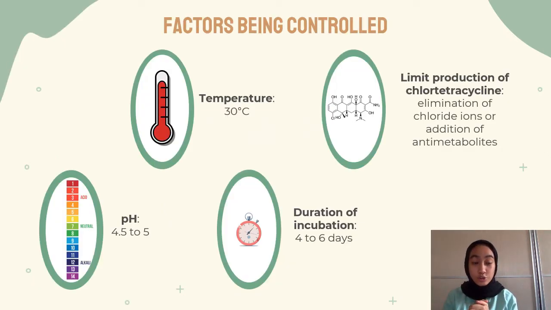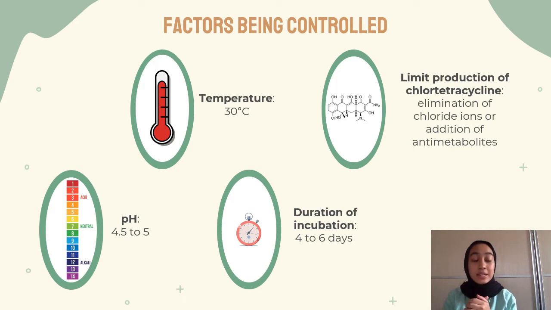Factors being controlled. The pH is kept at 4.5 to 5, the temperature at 30 degrees Celsius, and the duration of incubation is 4 to 6 days for optimization. In addition, the genus Streptomyces can also produce chlortetracycline under slightly different conditions.